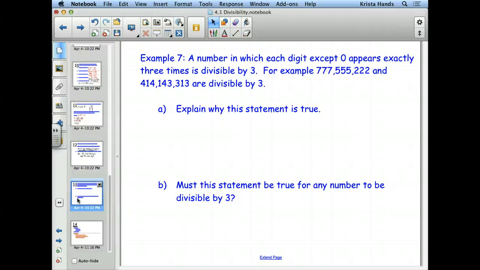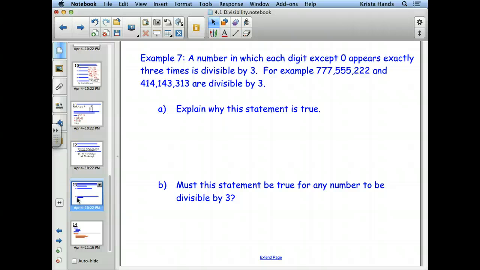The question says then, explain why this statement is true. Why would that always work? There are 3 of them, right? So if you add something together 3 times, you get something divisible by 3, don't you? And that's what the divisibility rule by 3, being a sum rule, tells us.